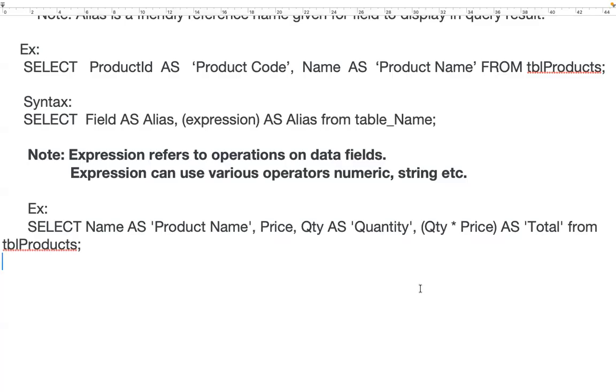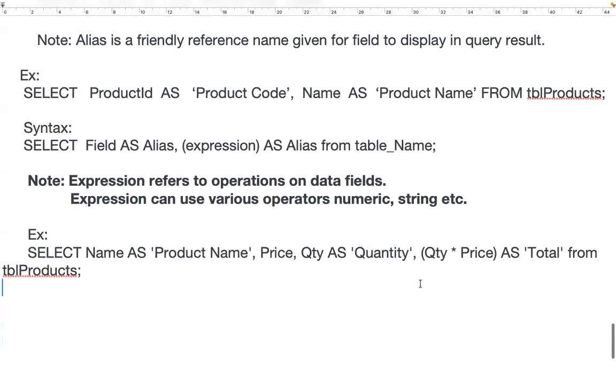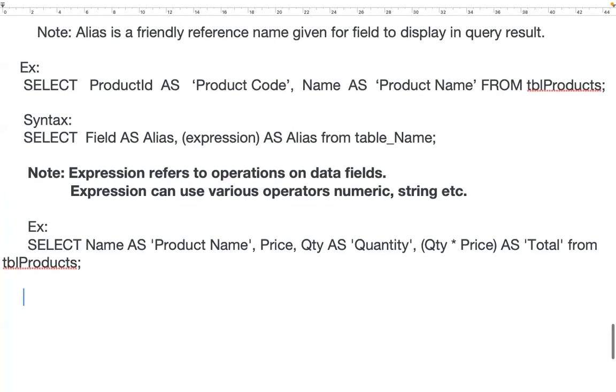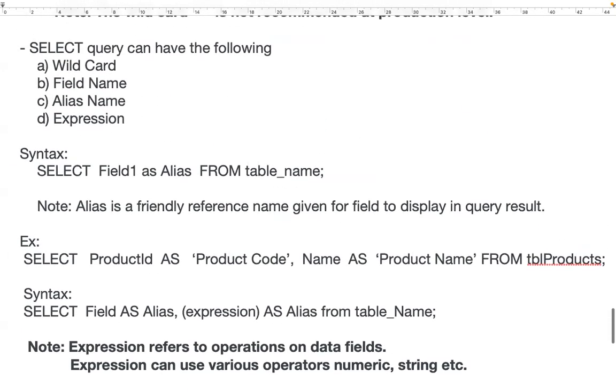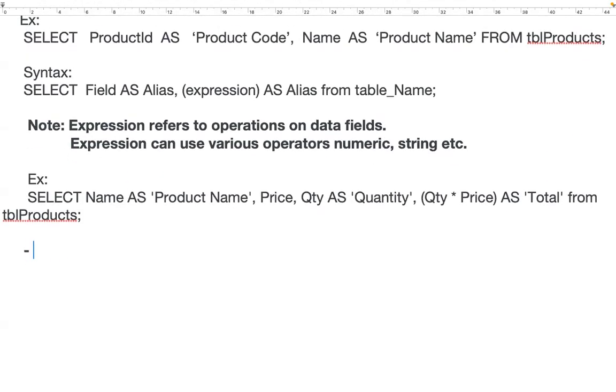Now, how the queries are used, how we can do filtering, sorting, searching, and other queries: we can handle the filtering, searching, sorting, and aggregation by using one more command, and that command is WHERE.